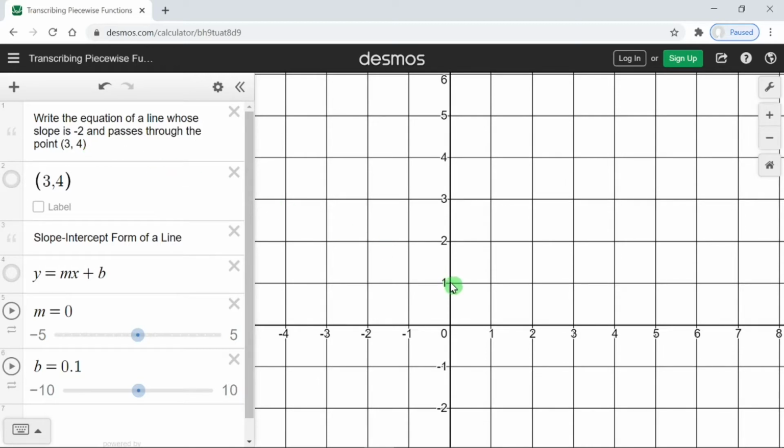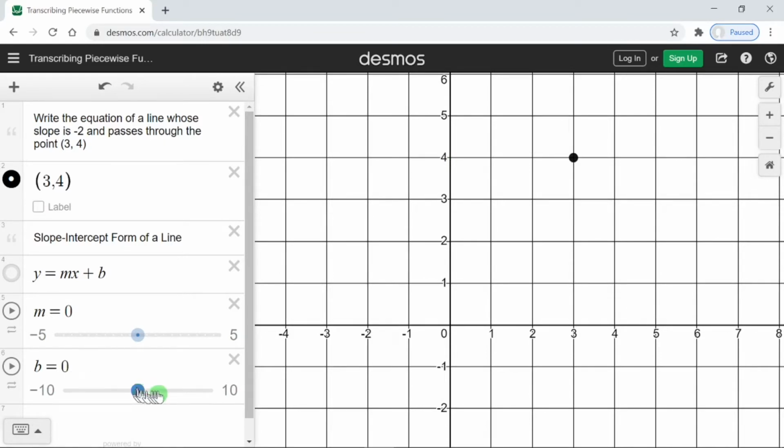This time your x is 3, so starting from here you're going to go 1, 2, 3 to the right, and then you're going to go up 4, and you end up here. So that is 3, 4 right there. Now that is not a y-intercept because you're not on the y-axis. So unlike last time where we had a y-intercept and we were able to say, hey, b was 4, remember that? We don't know that this time.